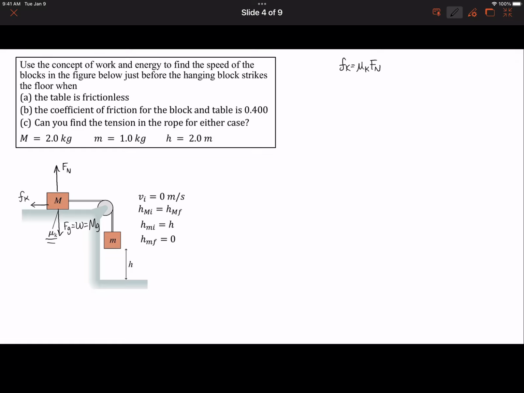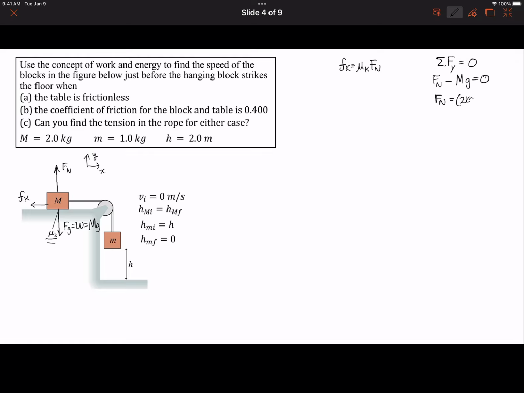And in our particular case, since the block is only going to move along the horizontal or the x direction, the sum of the forces on the larger block along the y direction has to equal 0. So I have the normal force acting up, and then I have the weight of that block acting down. And we know the mass of the block is 2 kilograms.